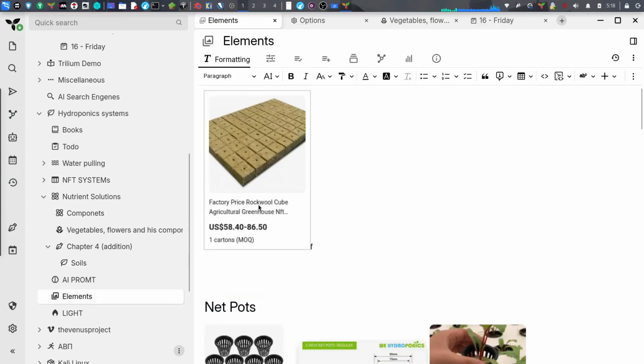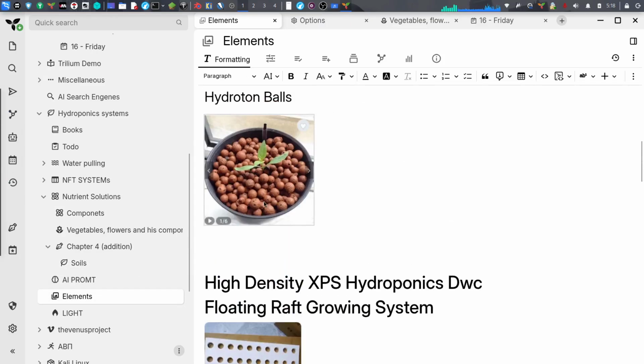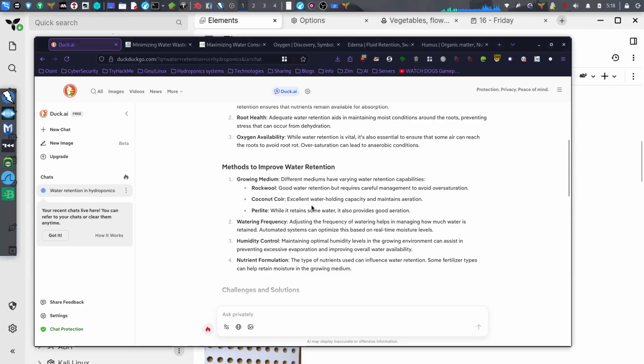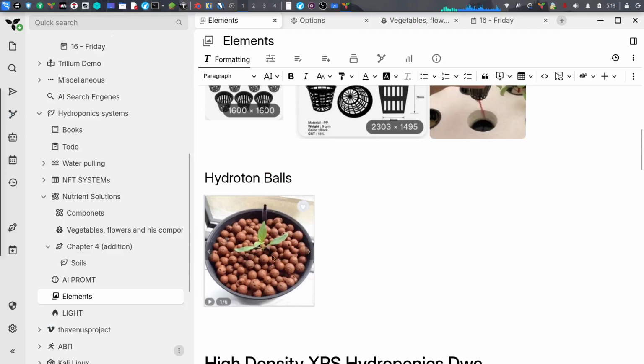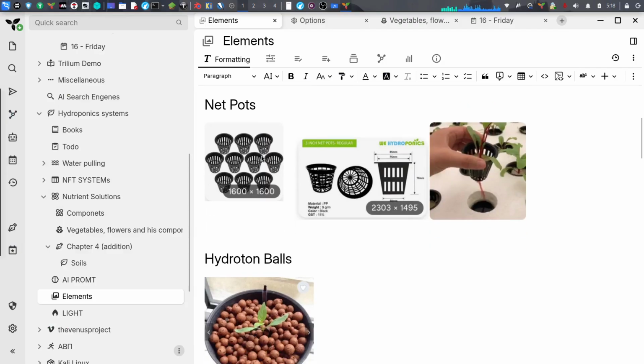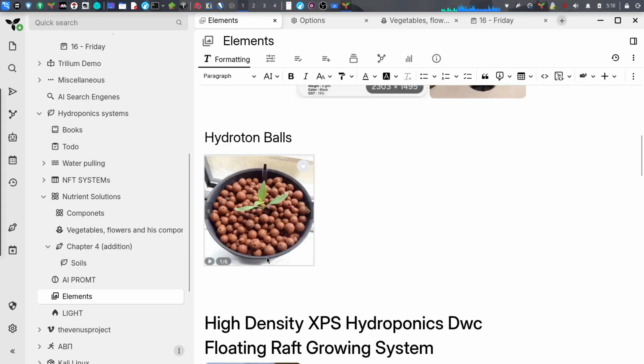Elements: rockwool cube. Hydroton balls prevent water retention, I don't know. Perlite, while it retains some water, also provides good aeration. These materials give oxygen for plants.